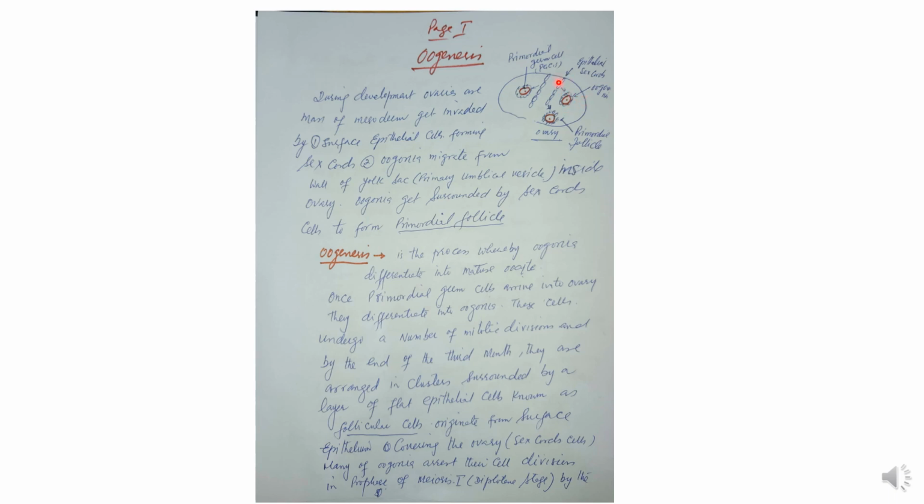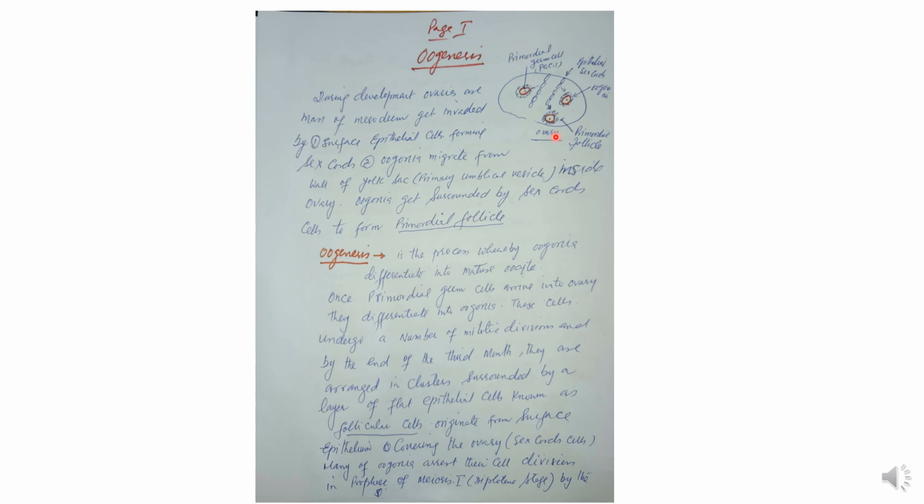The cells start surrounding them, as the arrow shows. So the primordial germ cells surrounded by these cells of the sex cords together are given the name primordial follicle, before the primary stage.